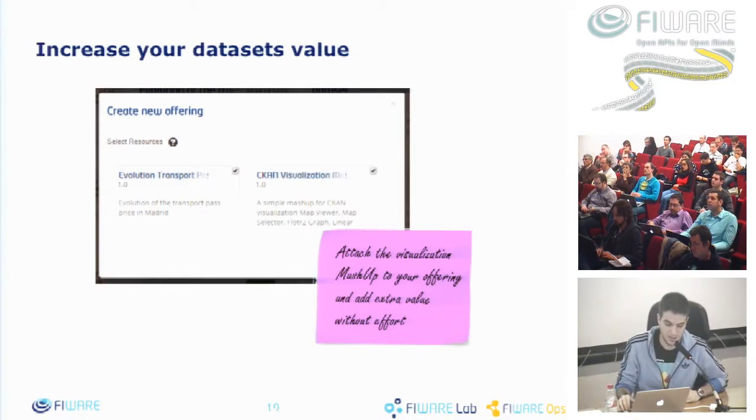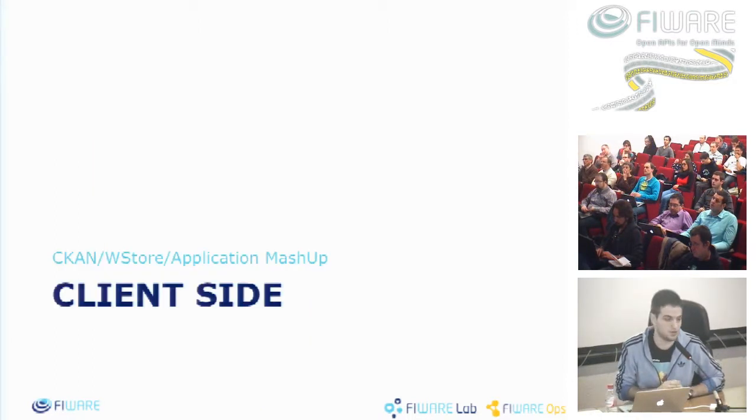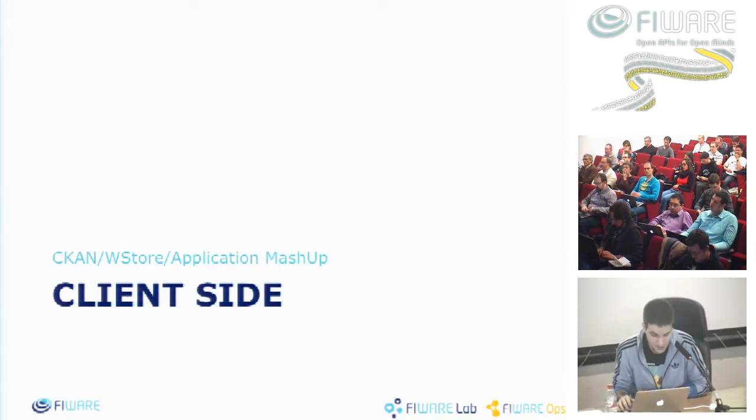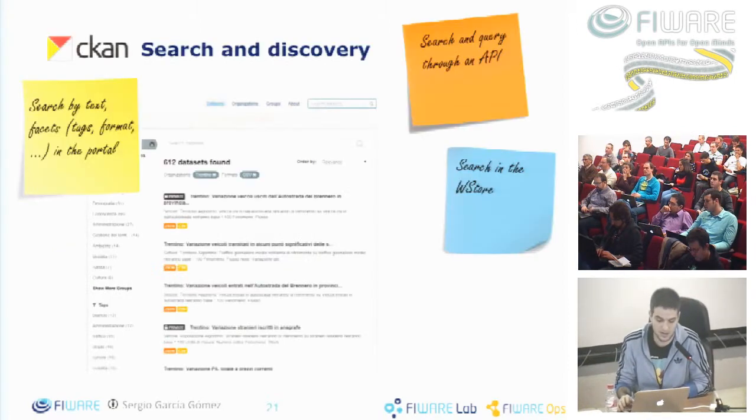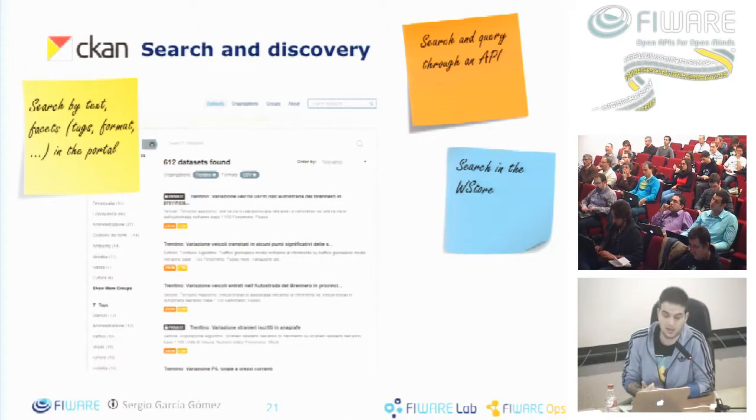So now we are going to the client side, or the consumer of the data. First of all, how can users discover the data that is published in a CKAN instance?